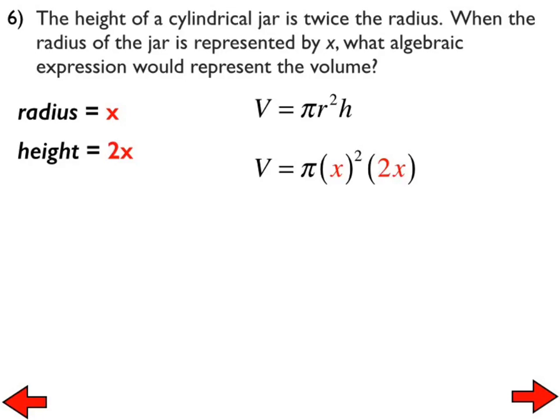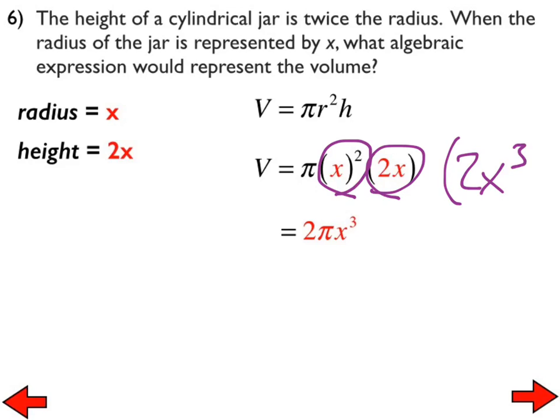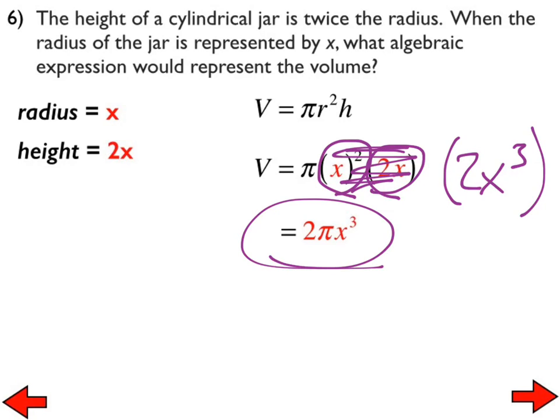So here we have some terms that we can multiply together because of the same variable. x squared times 2x is 2x cubed. So what I'm saying right here is that this times this becomes 2x cubed. So we have pi times 2x cubed, and the way that we usually write that is like this, 2 pi x cubed. So that would be the algebraic expression to represent the volume.